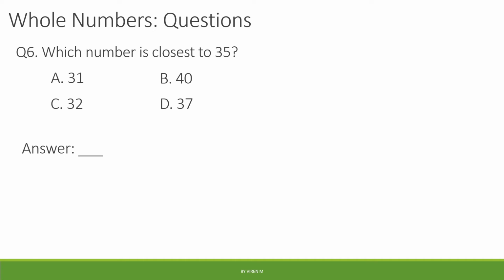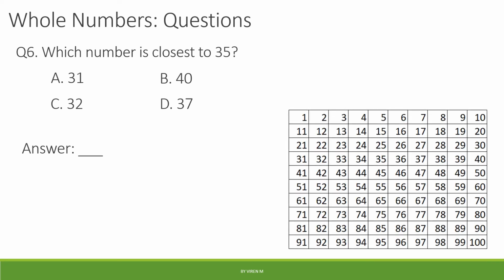Okay, let's start to solve the question. Let's identify where the number 35 is on the chart. We have marked the options on the chart, and now compare which one is the closest. Closest also means the nearest to that number. So we need to find the number nearest to 35. 31 and 40 are the furthest, so they are not our options.